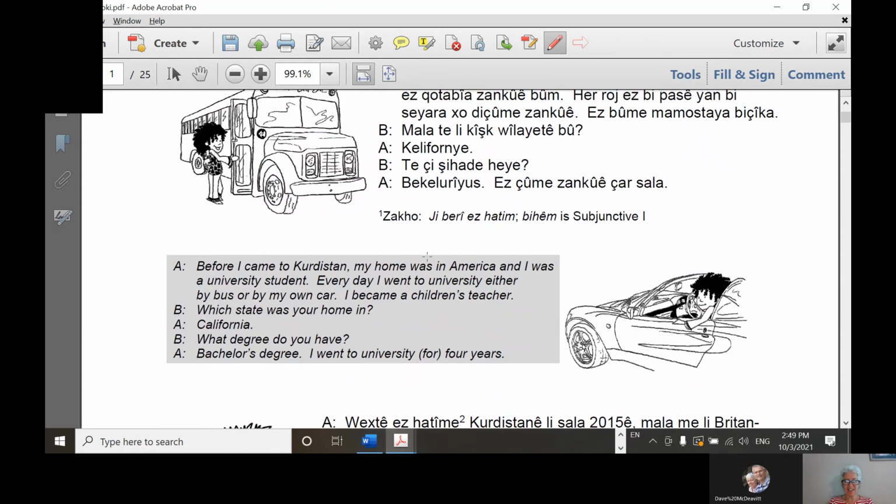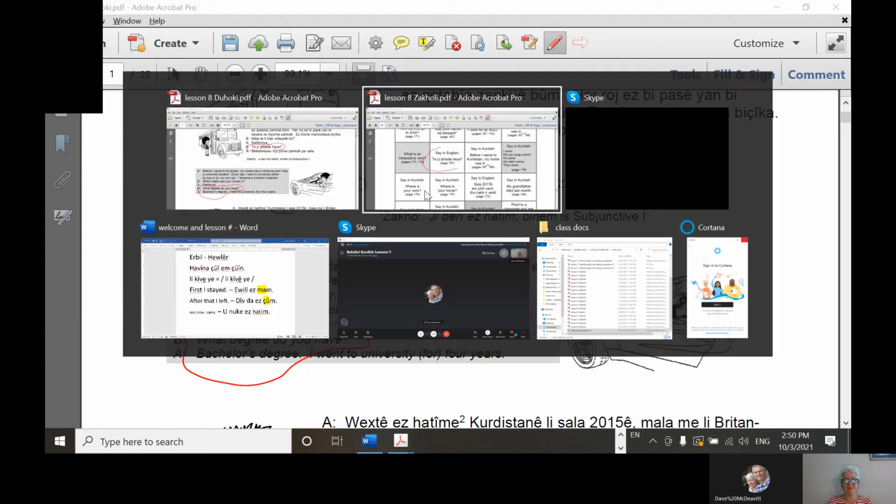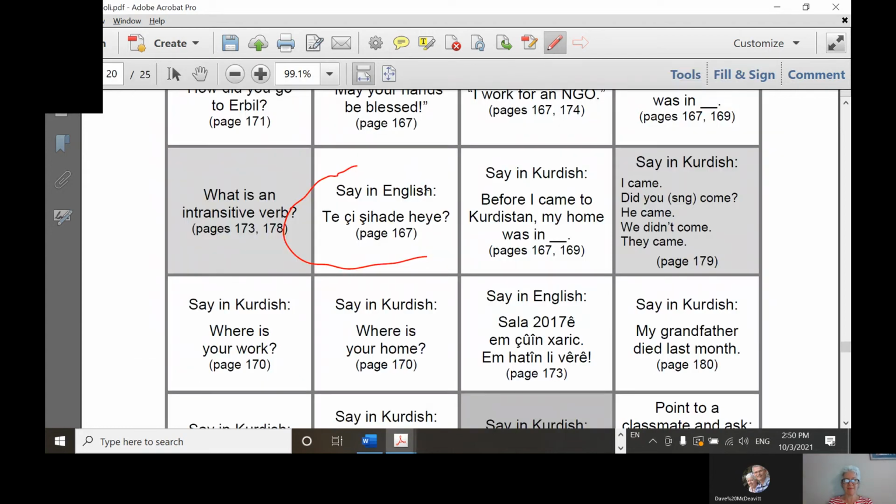Here we go. What degree do you have? The answer, if you have a bachelor's degree, baccalaureus. So, what is your degree or what is your diploma?